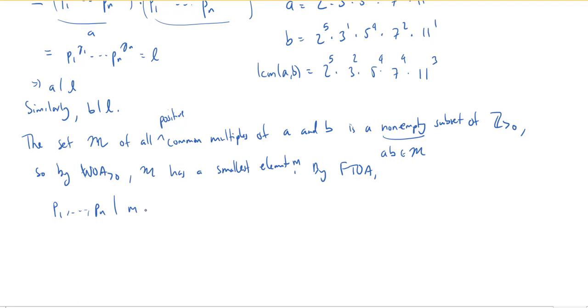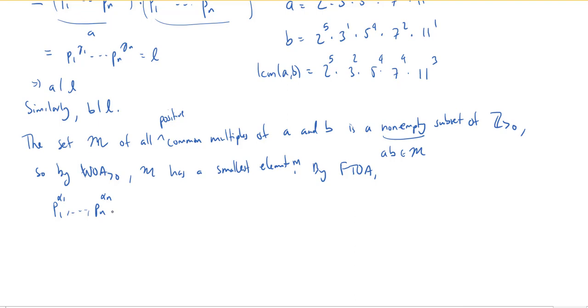And in fact, we could say even more, right? If I look at P1, I know that A divides M. So P1 to the alpha 1 has to divide M. Right? In fact, let's write it down like this. So P1 to the alpha 1 has to divide M, all the way up through Pn to the alpha n.